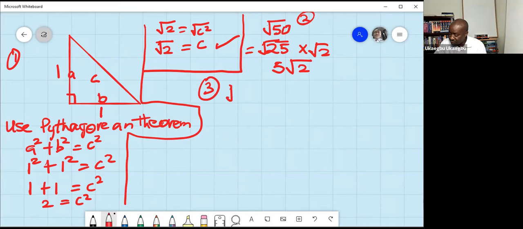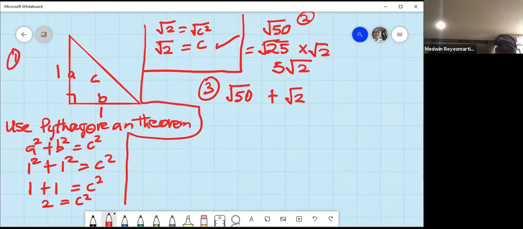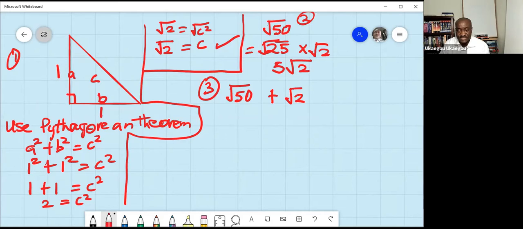Square root of 50 plus square root of 2. You get the gist? A typical question of this nature will say simplify or evaluate.